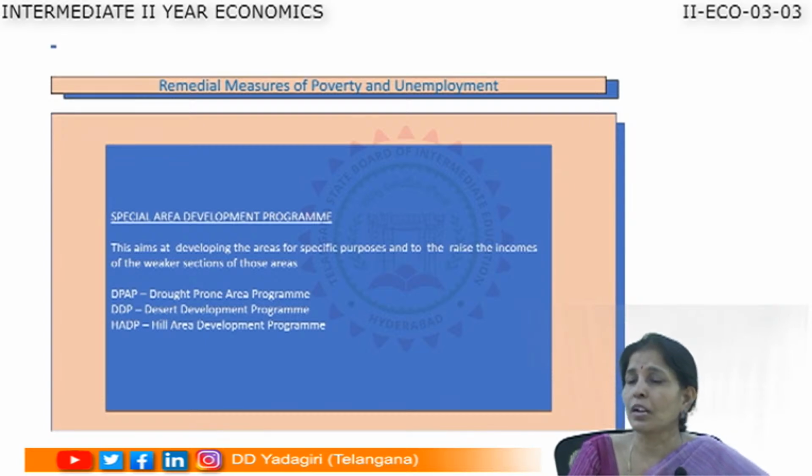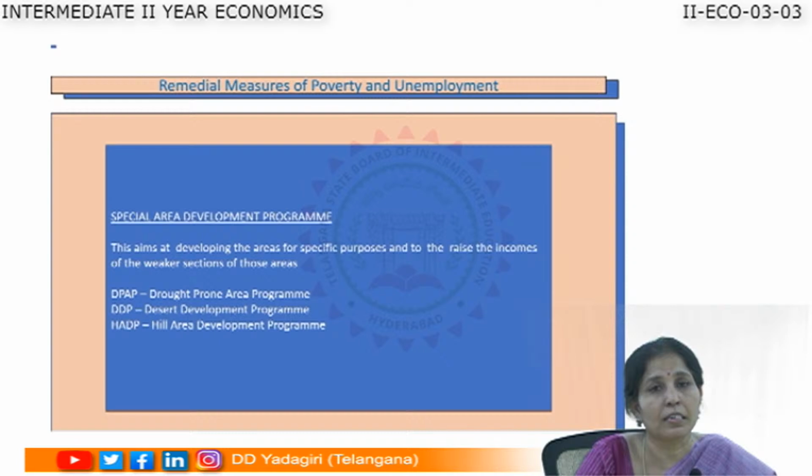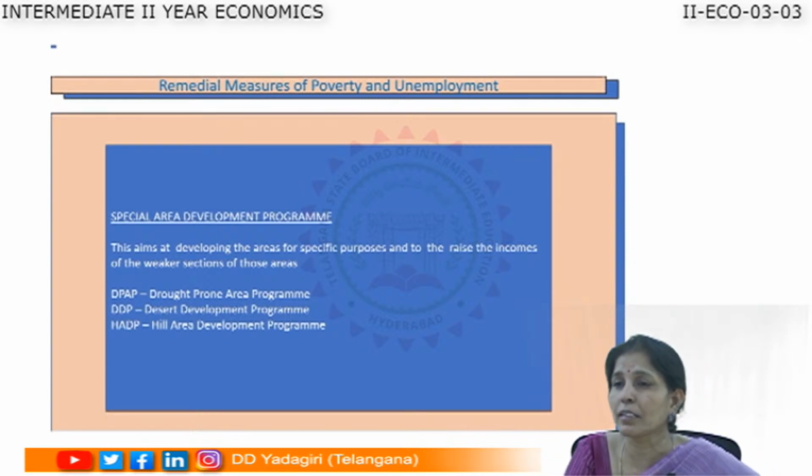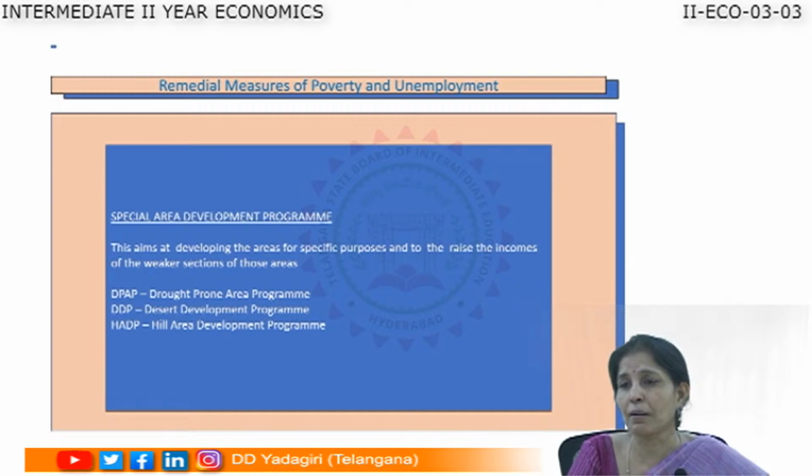This aims to develop the areas for specific purposes and to raise the incomes of the weaker sections of those areas which have been affected. What are those programs which come under this category? They are DPAP, Drought Prone Area Program, DDP, Desert Development Program, and HADP, Hill Area Development Program.